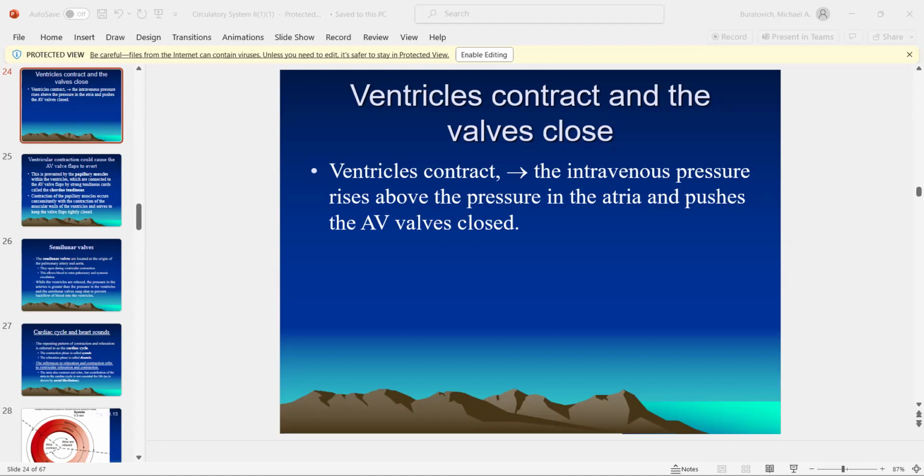When they get to their threshold, they open voltage-gated calcium and sodium channels. And these particular channels are called HCN, or hyperpolarization-activated cyclic nucleotide-gated channels, HCN channels.